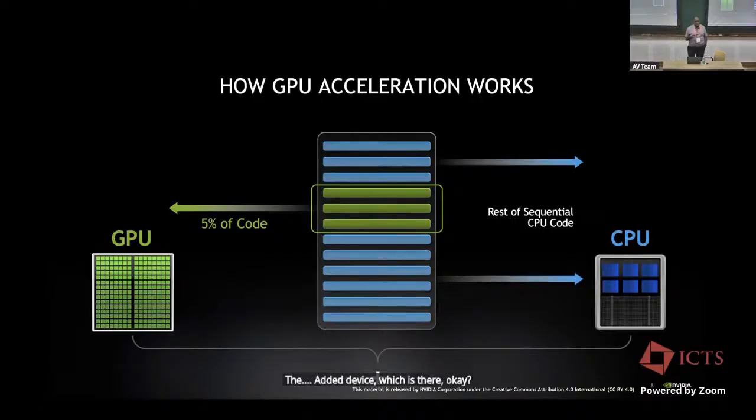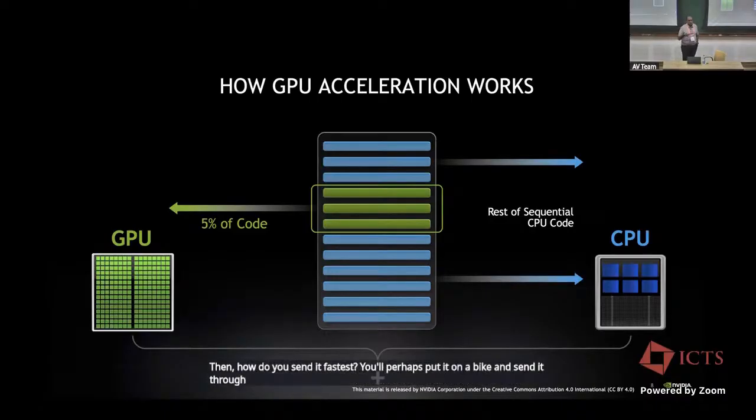An example I can give you is like this. When you want to send a parcel, say from here to Mysore, if you have one parcel of about 1 cubic foot, how do you send it fastest? You will perhaps put it on a bike and send it through a bike rider.